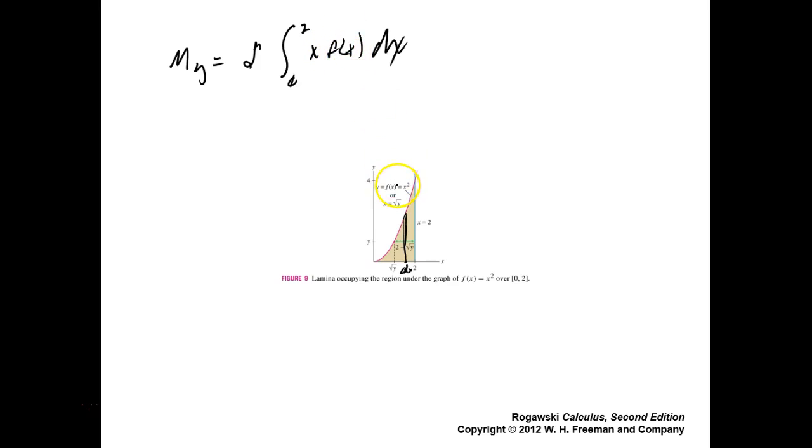Well, this f of x here is x squared. So this would be delta integral from 0 to 2, x times x squared would be x cubed dx.